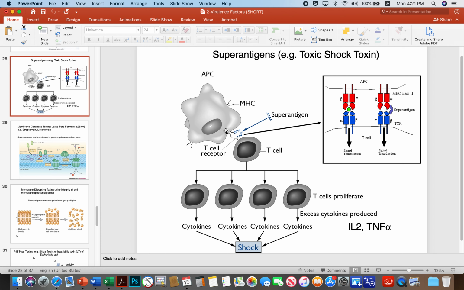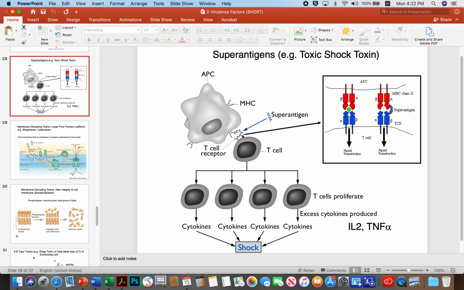Normally, these guys interact in a very controlled way, and so that when this guy recognizes something bad is infecting the host and kills it, it can then show that to the T cell, and then the T cell can understand what the infection is and then properly proliferate.